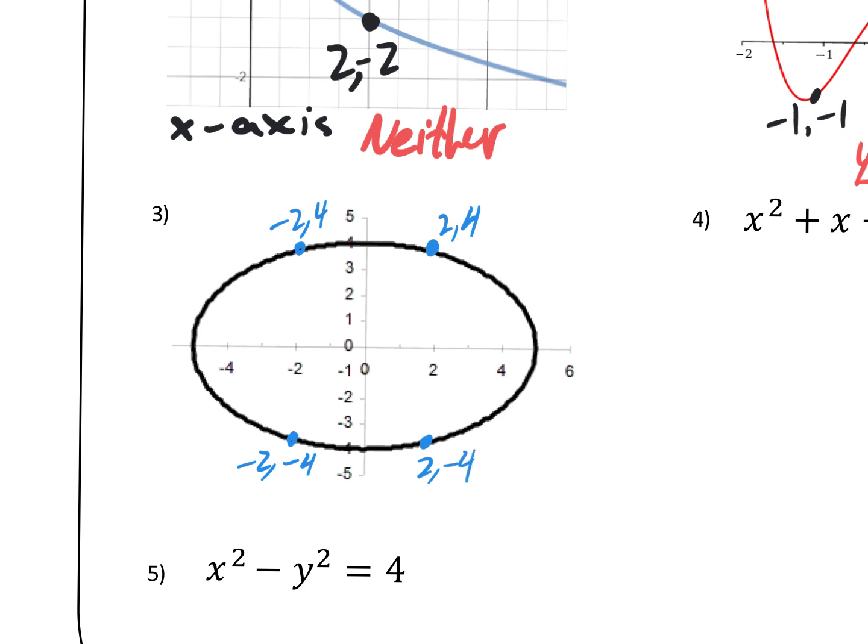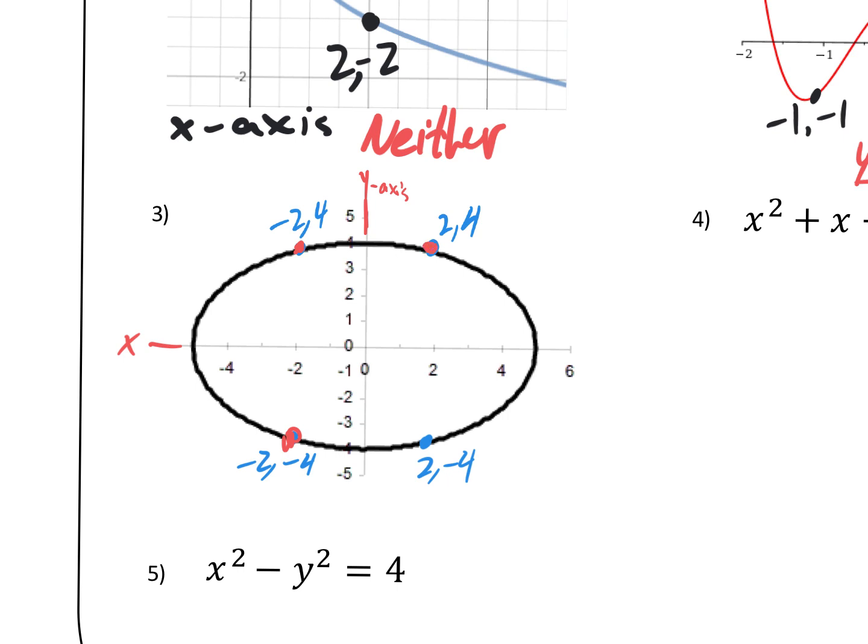Okay, so what you're going to notice is that you can actually fold this, you can match points up across all of these axes, right? So across the x-axis, if we were looking right here along the x-axis, you can see that this point right here and this point right here, the top and bottom points can match up, okay? We can match it across the y-axis as well. We can match up the points that are across from each other this way.